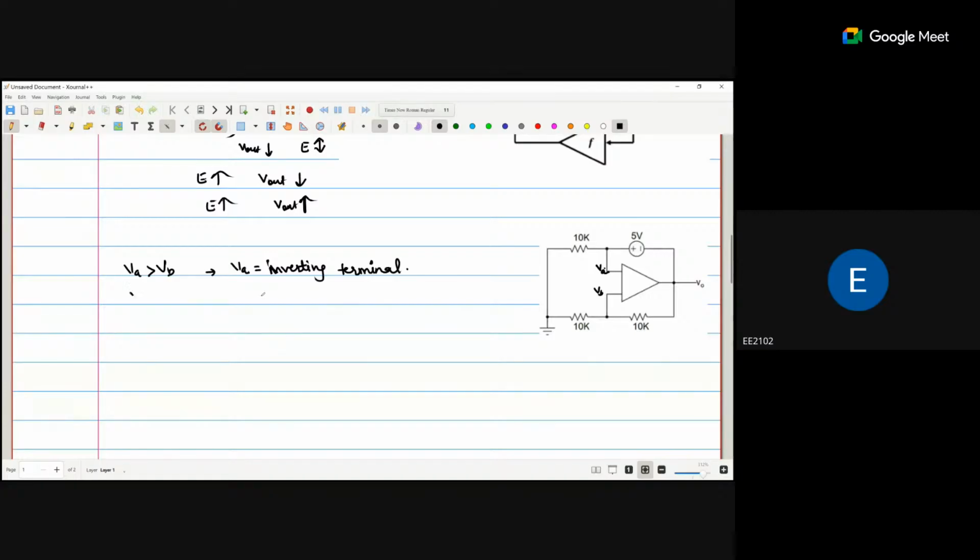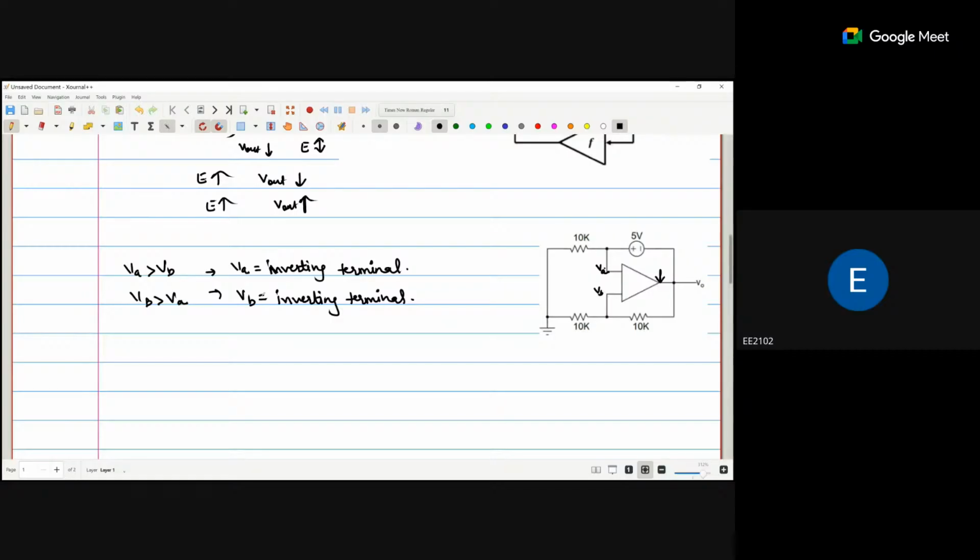Similarly, if VB is greater than VA, then VB is the inverting terminal. Why is it so? Because with the higher voltage at that terminal, we get a higher negative magnitude at the output of the operational amplifier.